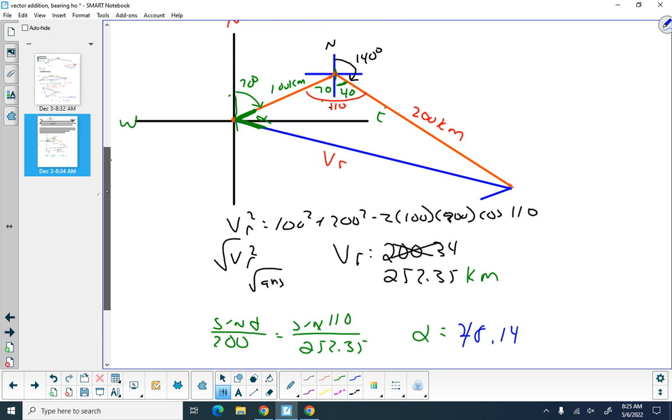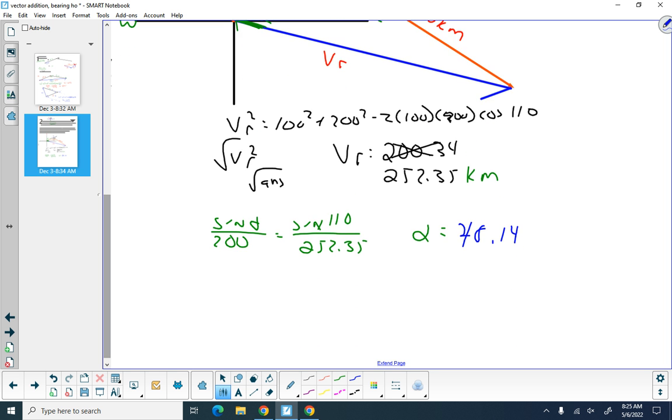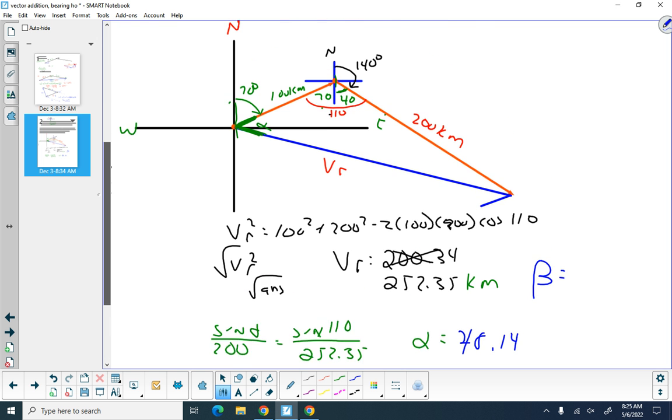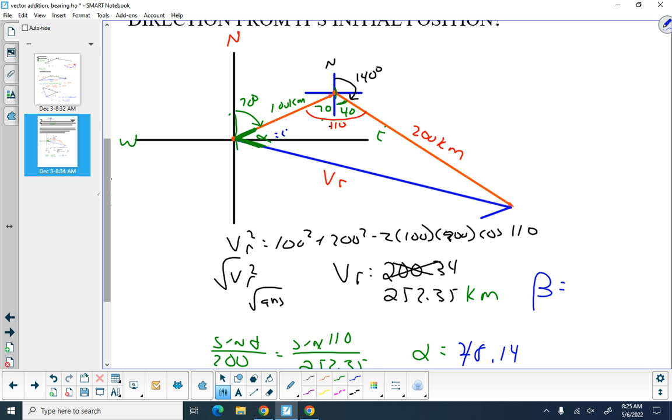All right. But we need to change this back to a bearing. We found this alpha to be 48.14. What is my rotation from here to here?